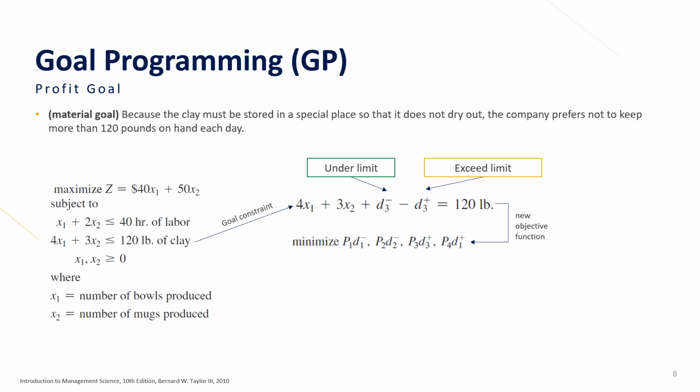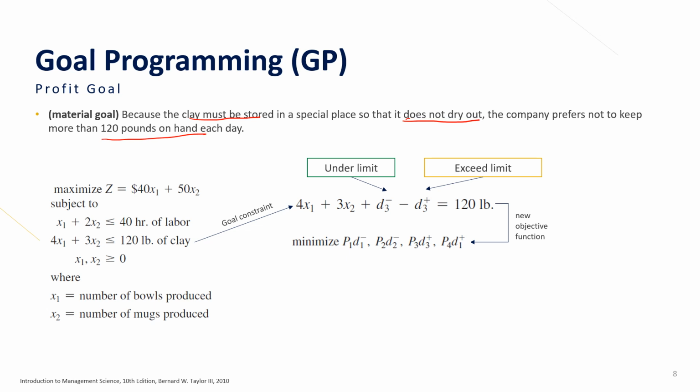Okay, the last goal is the so-called materials goal, where we have the clay that must be stored in a special place in the factory so it will not dry out. The company would like to keep not more than 120 pounds.